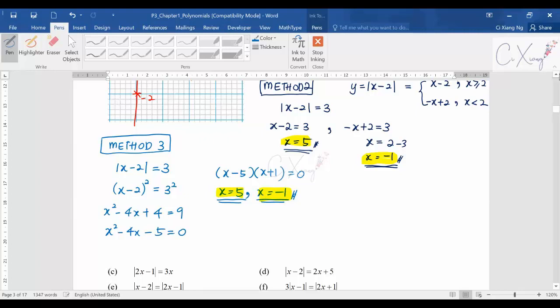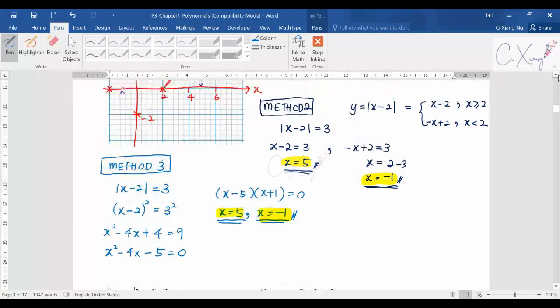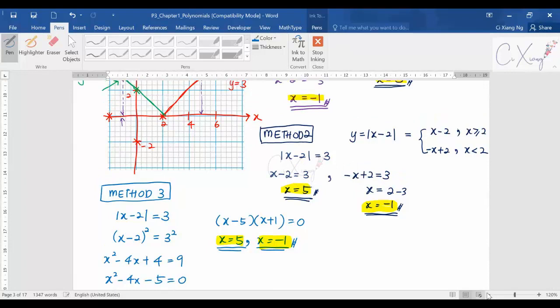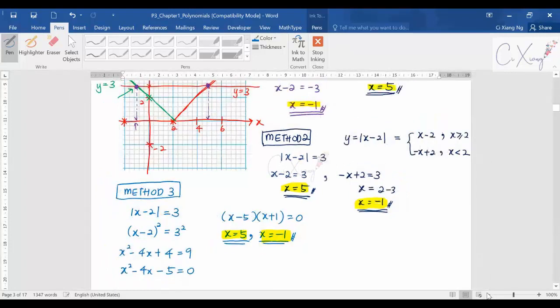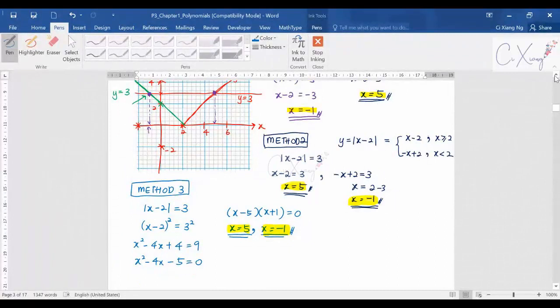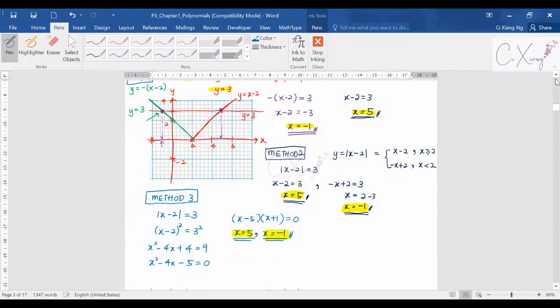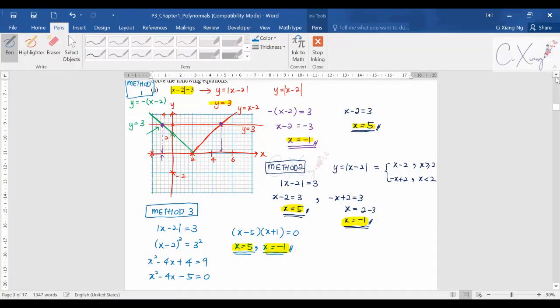So here I have shown you how to use all 3 methods to solve this particular example. Now among these three, if in an exam I want to solve this kind of question, which method am I going to use?